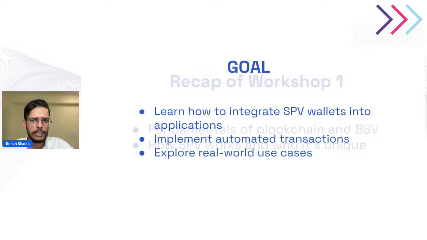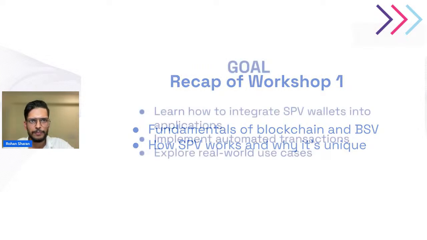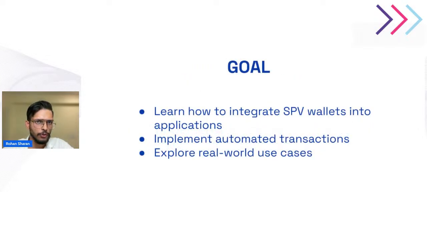I hope you already have the installation of VS Code as well as the Node.js runtime environment done and ready in your systems, as I shared in the last workshop.